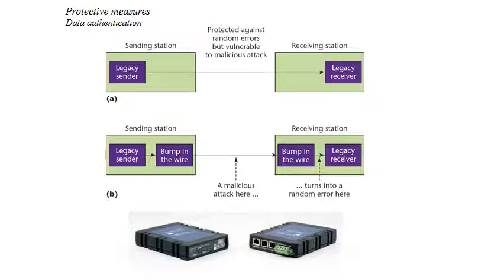In order to verify the data sent, we need to upgrade the installation. So we have these legacy devices that are protected against bad data, but are vulnerable to malicious attack. So we can install these bump-in-the-wire devices to verify that the information has not been corrupted.